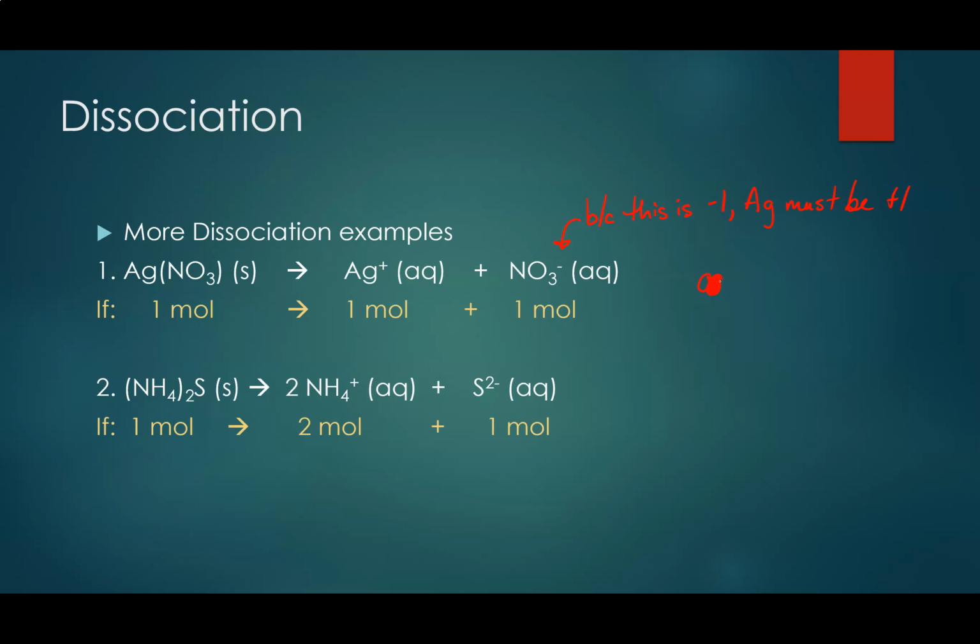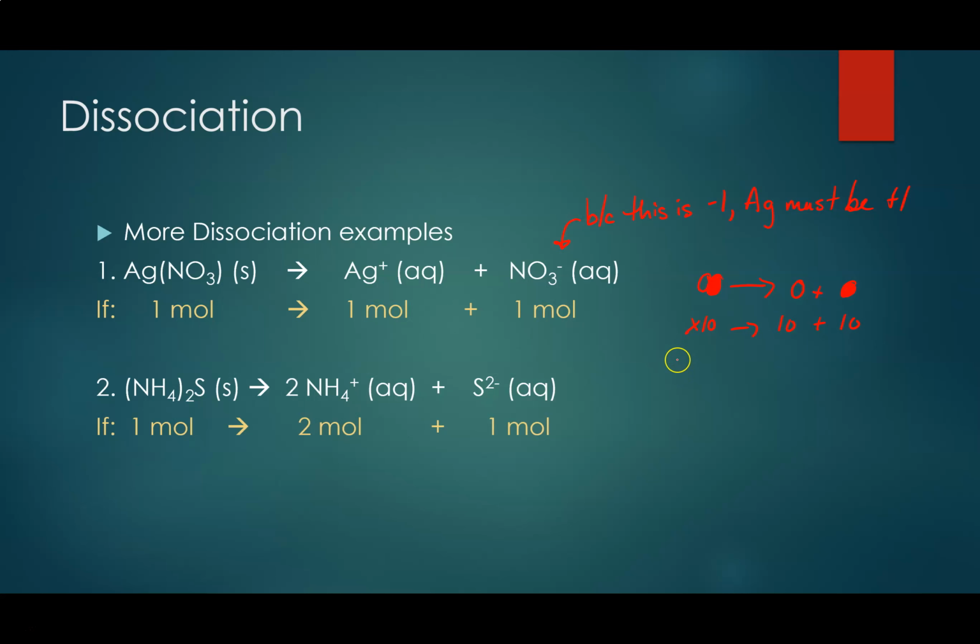On the left side of the equation, we have something that has 2 parts. The Ag is the empty circle and the NO3 is the filled in circle. When that breaks apart, it's going to make 1 Ag and 1 NO3. Now, if I did this 10 times, I would end up with 10 of these and 10 of these.